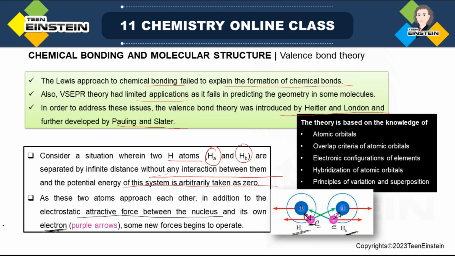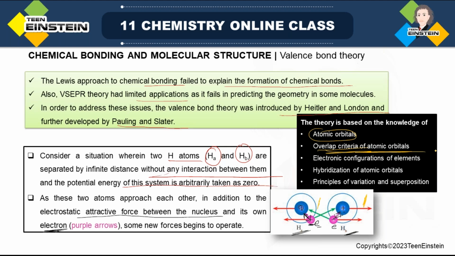This theory is based on the knowledge of all these factors that you are seeing. Obviously we have to know atomic orbitals, the atomic orbital of HA and the atomic orbital of HB. Then we should have knowledge of overlap criteria, how these orbitals overlap each other. We have to know the electronic configuration of the element.